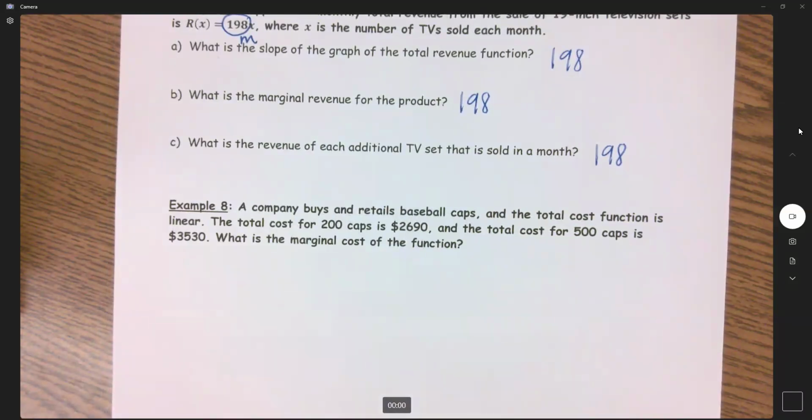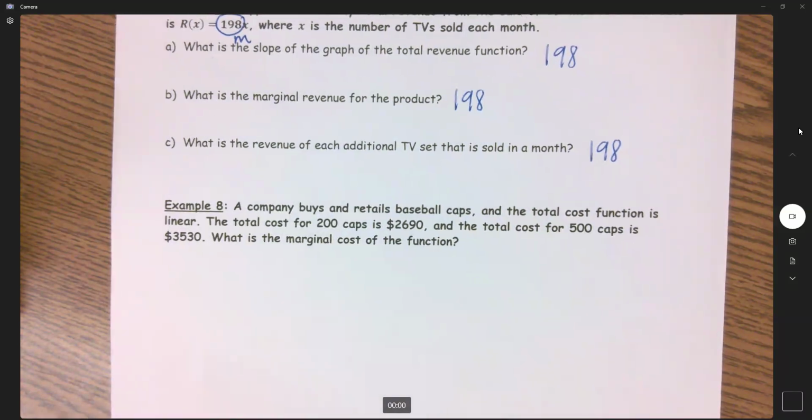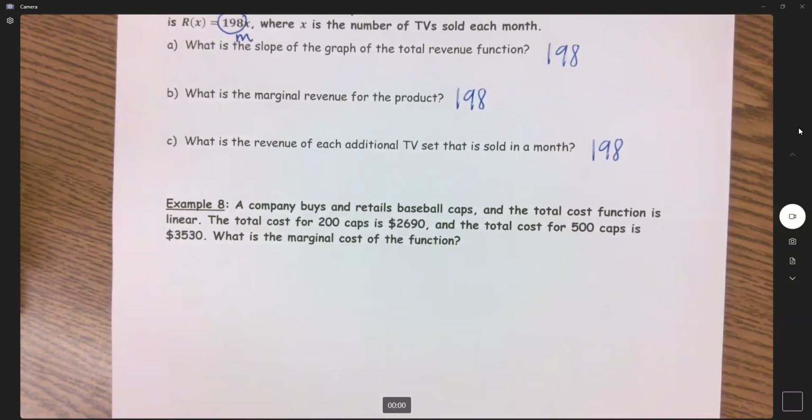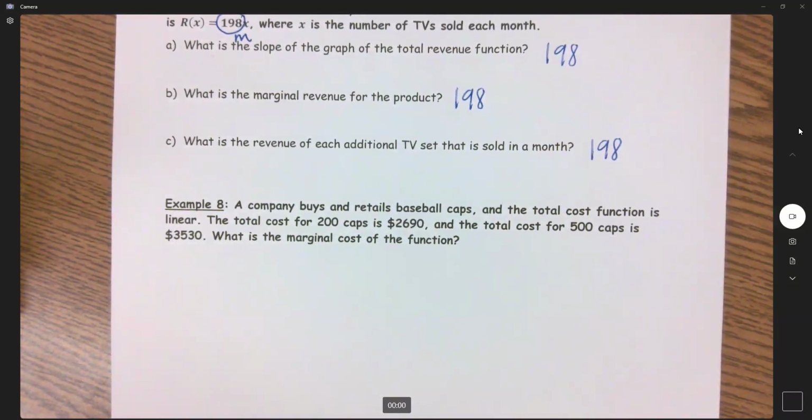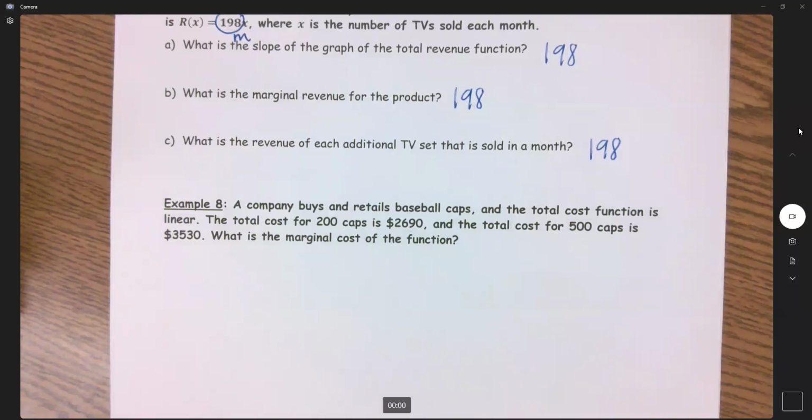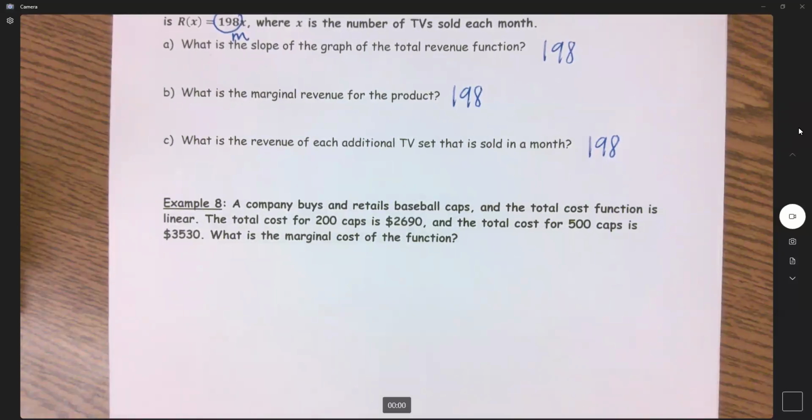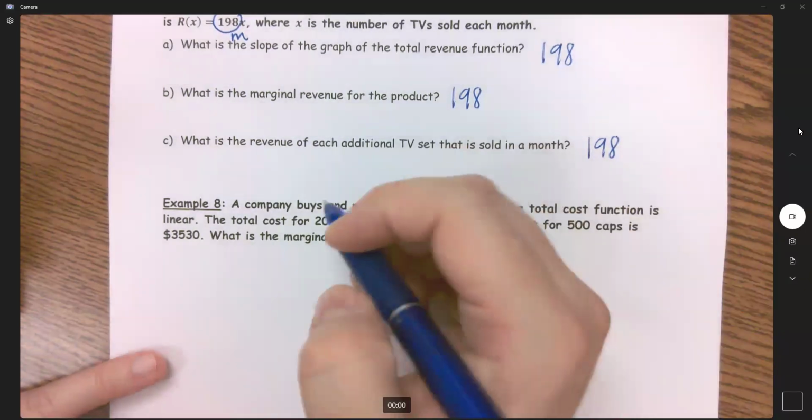Example 8: a company buys and retails baseball caps, and the total cost function is linear. The total cost for 200 caps is $2,690, and the total cost for 500 caps is $3,530. What is the marginal cost of this function?